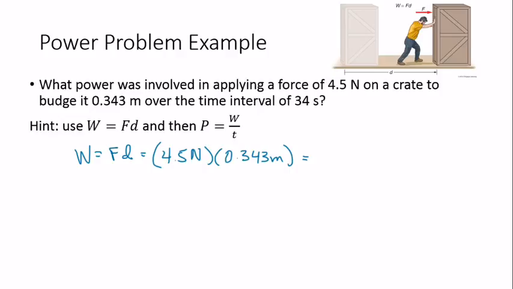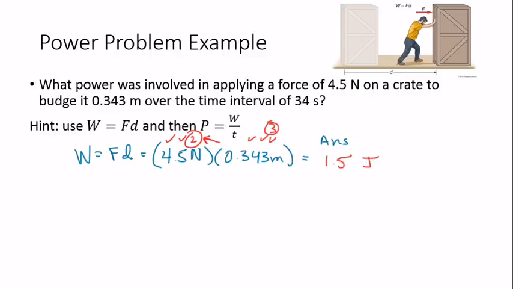I'm going to round right to the answer, because notice I've got 2 digits here and 3 digits here, but I can't go with 3, I have to go with the fewest. So round to 2 digits, I have 1.5, and units would be newton meters or joules, units of work.